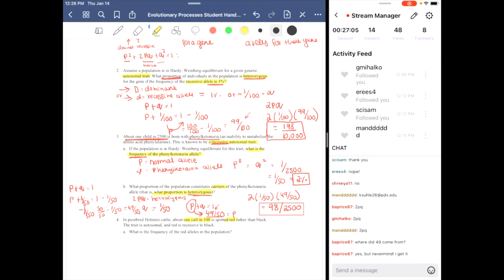And it's saying the trait is autosomal and red is recessive to black. So question A, what is the frequency of the red allele in a population? Okay, can anyone tell me if we're solving for the p squared, the 2pq, or the q squared in this problem?